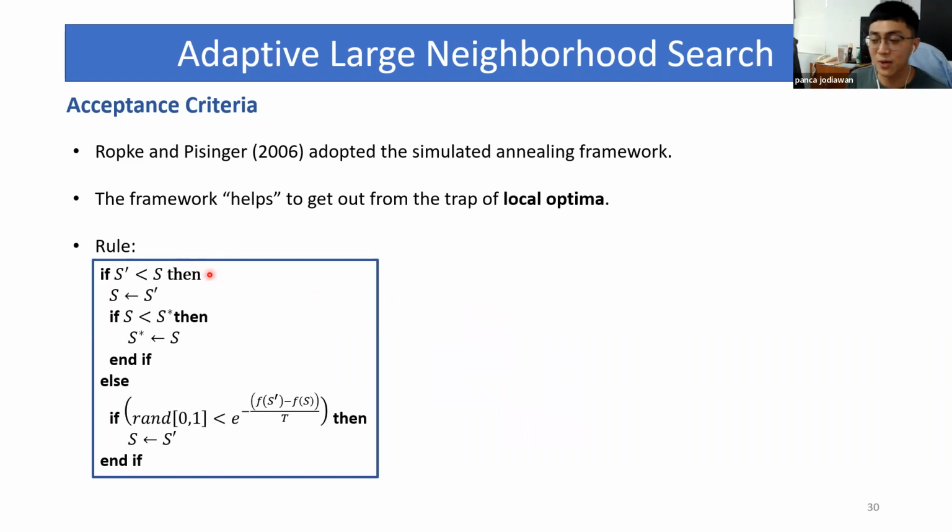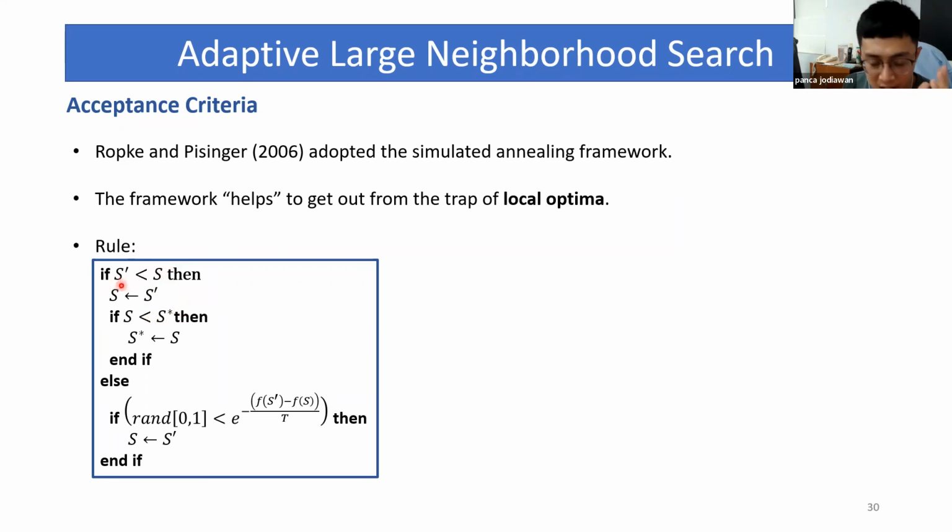Please remember the three types of S, right? The S accent, the S, and S star. The new solution is represented by the S accent, and the current solution, the old one, is represented by the original S, and the S star means the best solution so far.